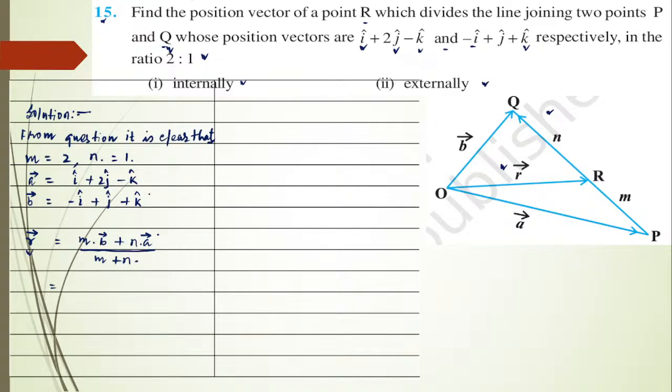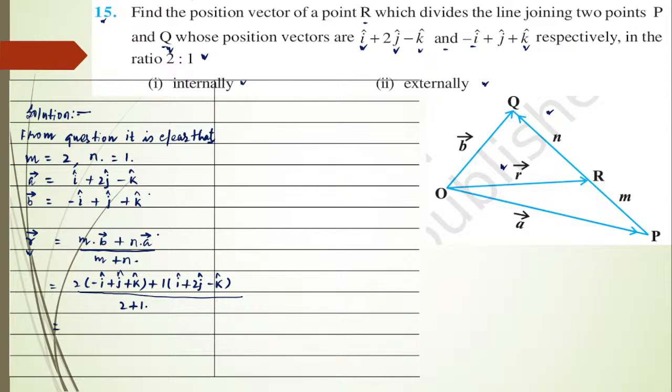The value of m is 2 and the value of b is minus i plus j plus k, plus the value of n is 1, and the value of vector a is i plus 2j minus k, by 2 plus 1.